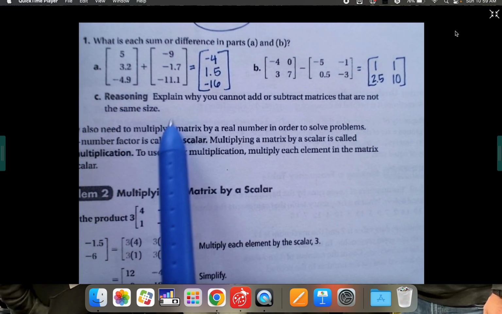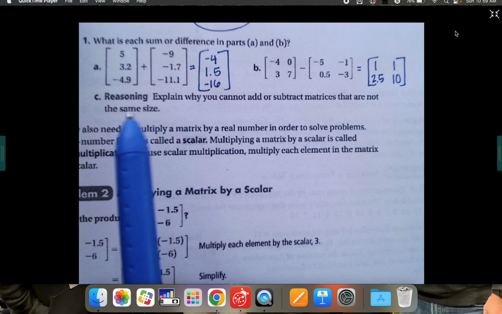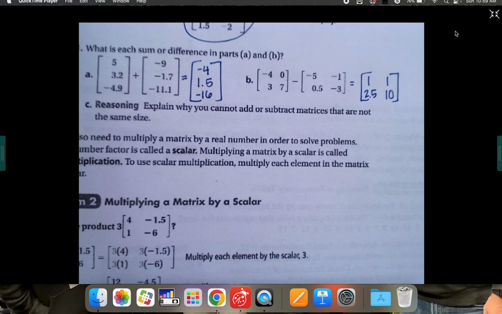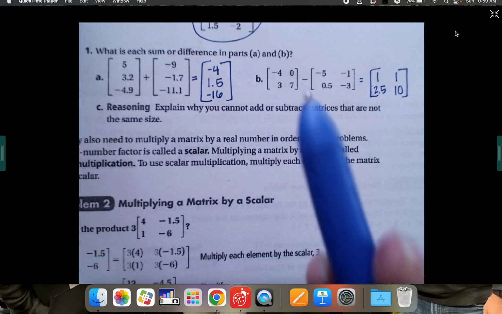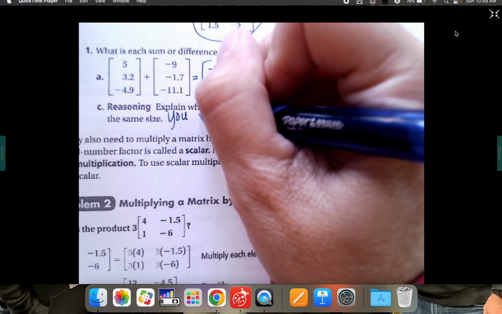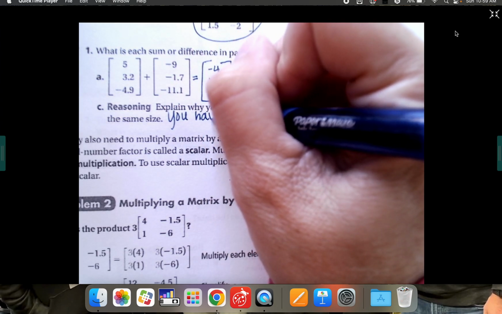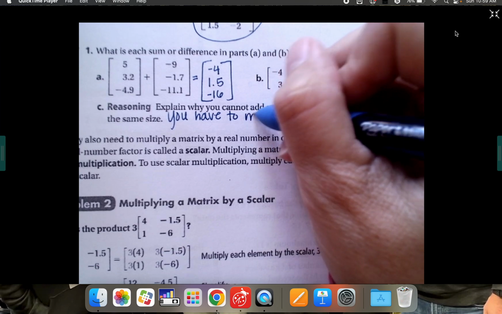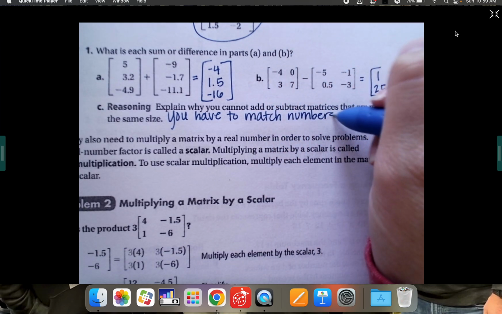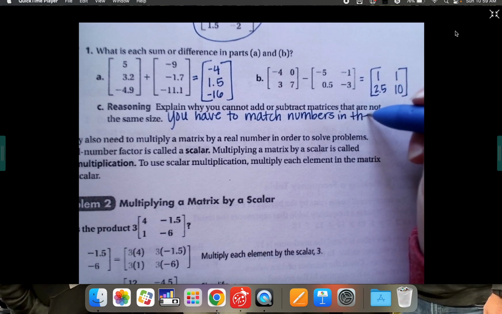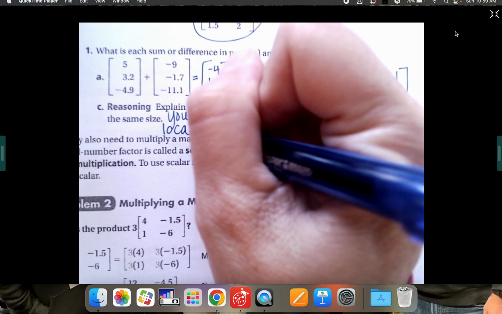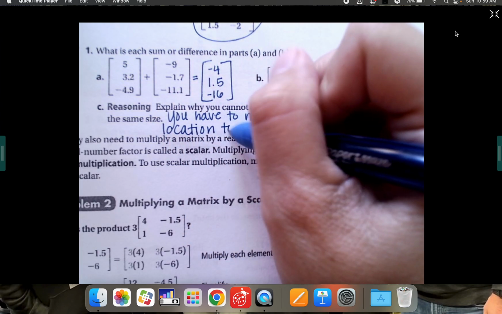Okay, letter C says, explain why you cannot add or subtract matrices that are not the same size. That should make sense relatively because you have to match numbers. I'm not sure if this is the exact definition you should put, but you have to match numbers in the same location to be able to add or subtract them.